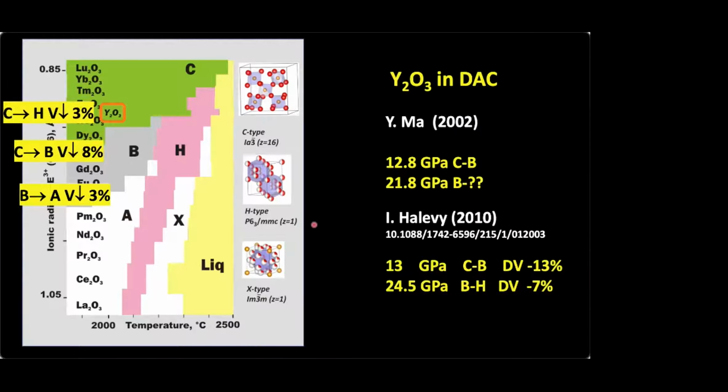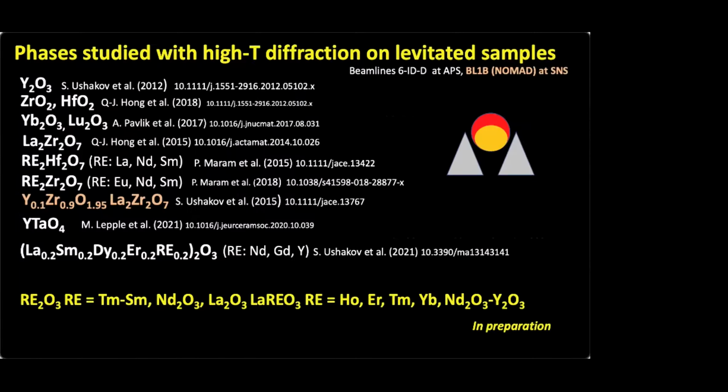In 2008, there was a report on the synthesis of the H-type phase of yttrium oxide at pressures above 24 GPa. However, it cannot be quenched. On decompression, a transformation of the sample to the B phase was observed, which can be quenched.